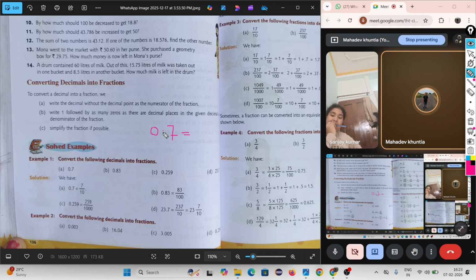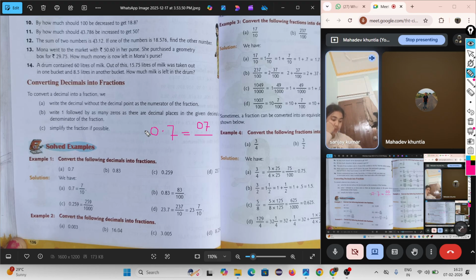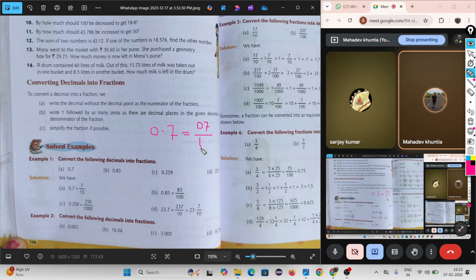Step number 1 says remove the decimal point and write the number in the numerator. Then rule number 2: write 1 followed by as many zeros as there are decimal places in the given decimal, as the denominator. Depending on how many digits are after the decimal point.